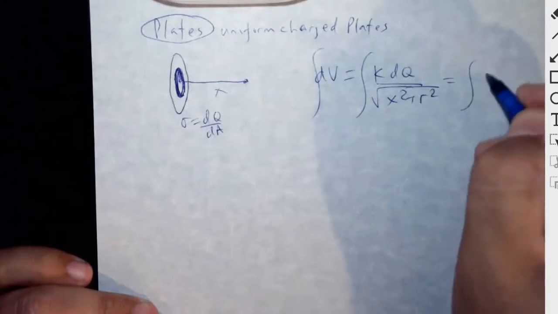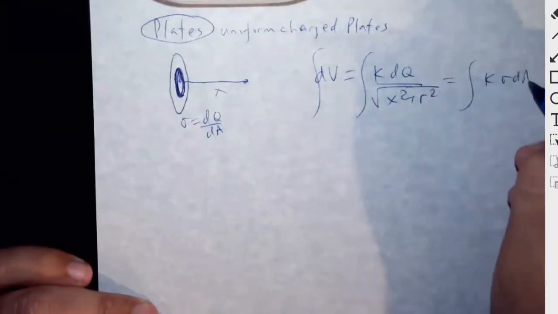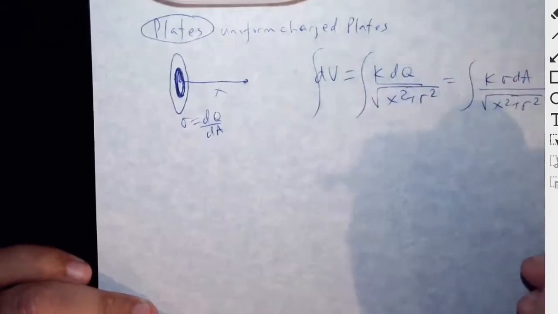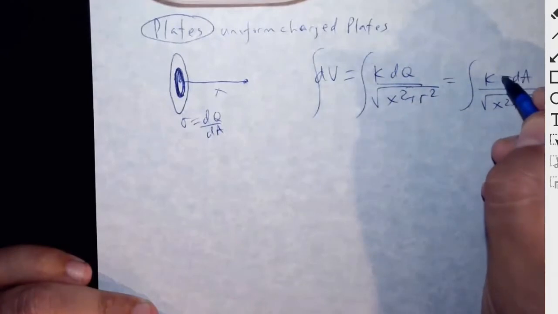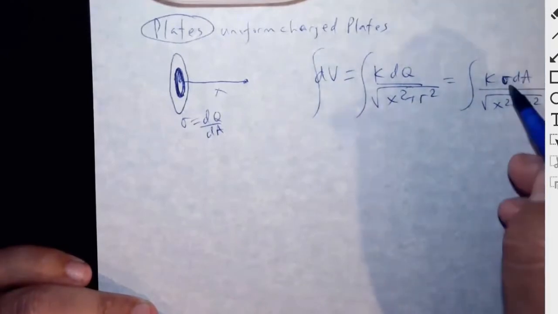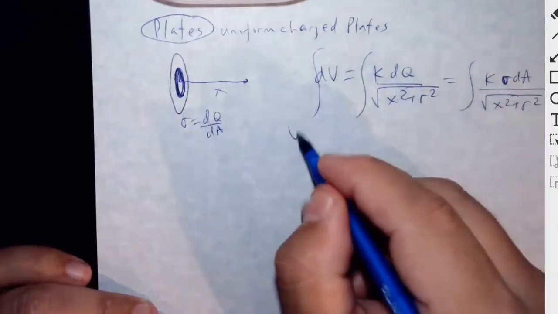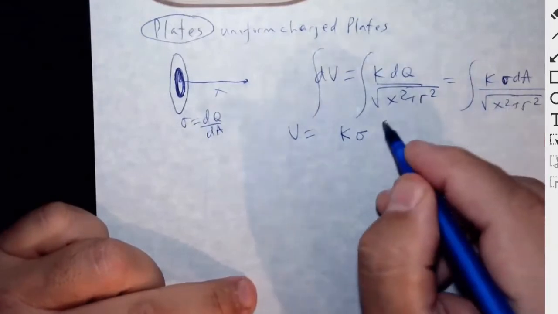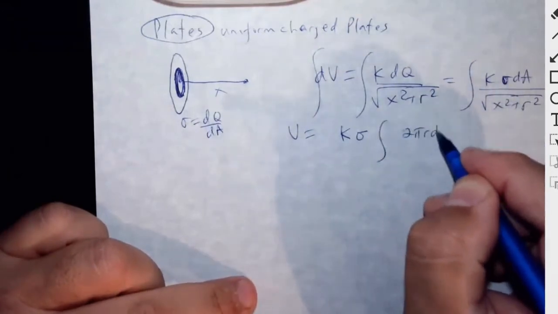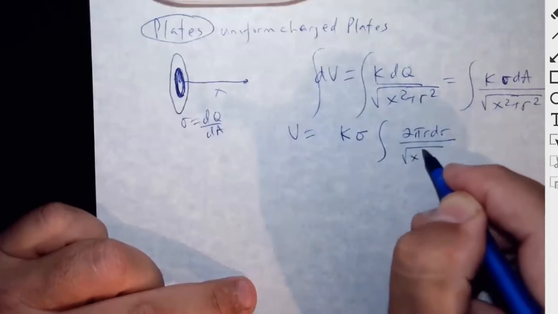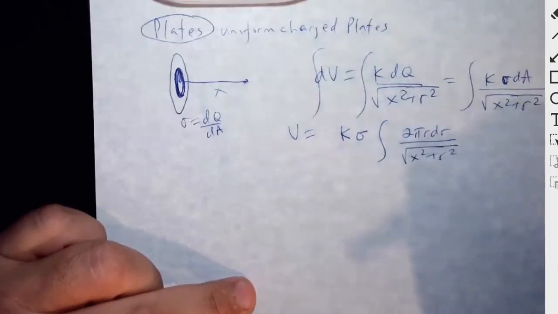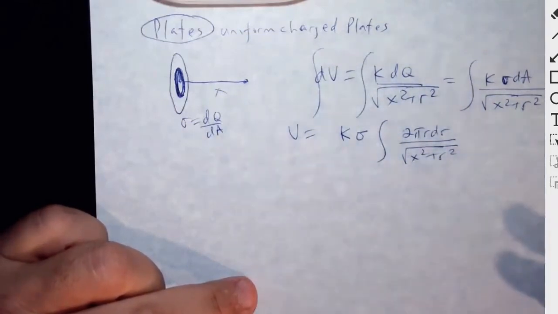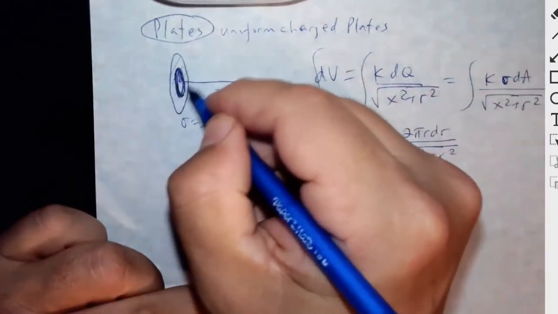And if it's uniform, the sigma will come out of the integral. So then it'll be k sigma times dA, which is 2 pi r dr, over the square root of x squared plus r squared. And then the 2 pi will come out of the integral.